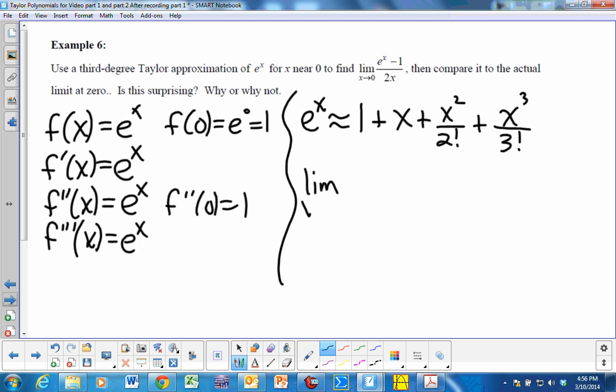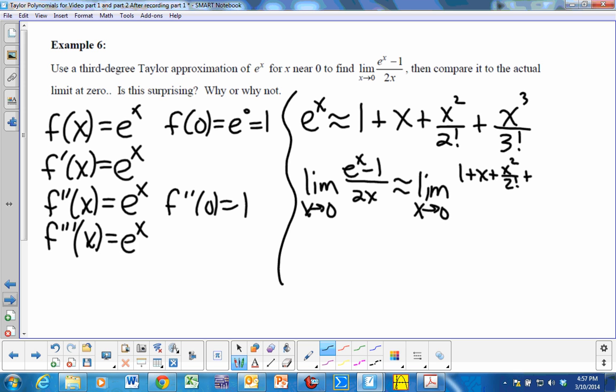So if we're doing the limit as x goes to 0 of e to the x minus 1 over 2x, well, that's approximately the same thing as substituting for e to the x this polynomial that we just found, and then minus 1. So this polynomial, I'll write over it in red, all of this was just your e to the x.